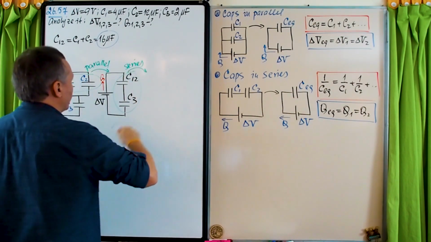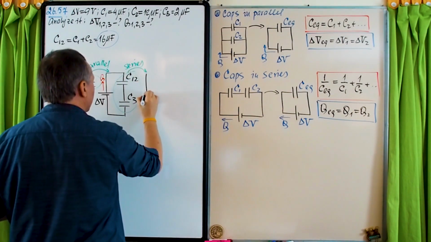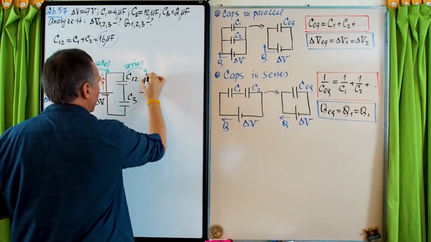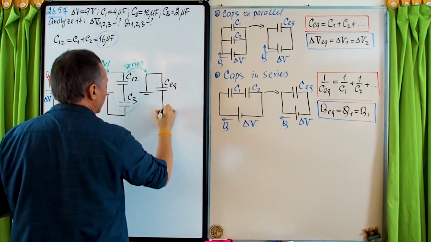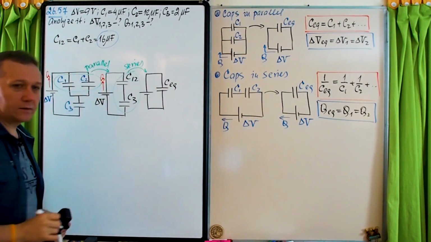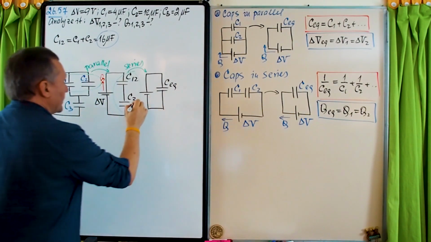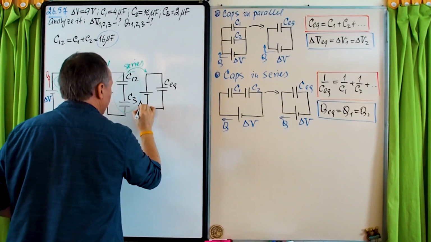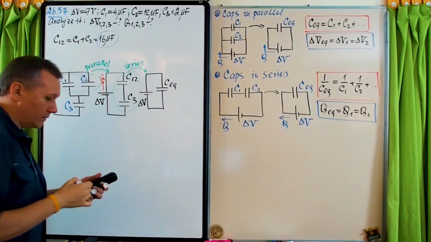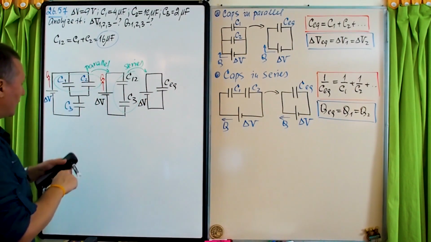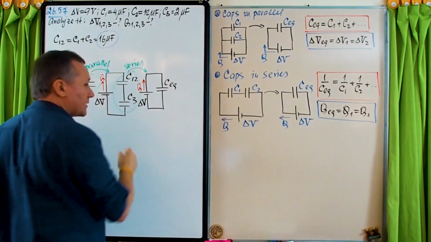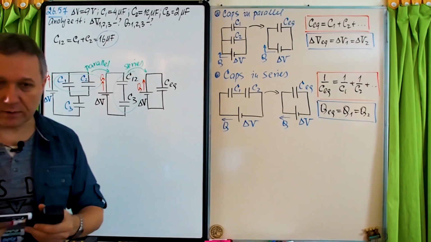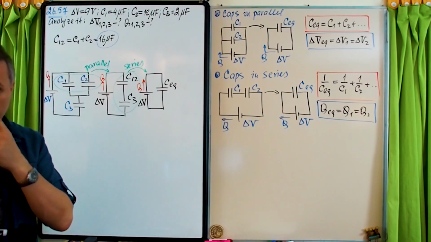And so the final circuit, again, the simplest possible, will be C equivalent connected across the battery. Again, the battery must work in exactly the same way: the same delta V and the same charge will be taken from this battery, because that's how we developed the whole method, that the rest of the circuit works in the same way.